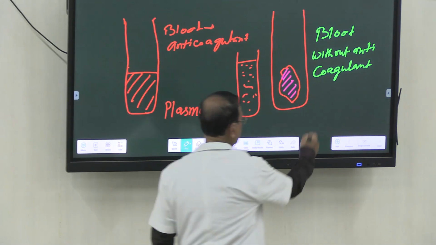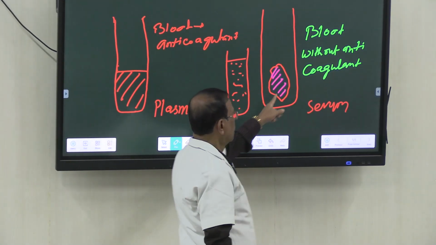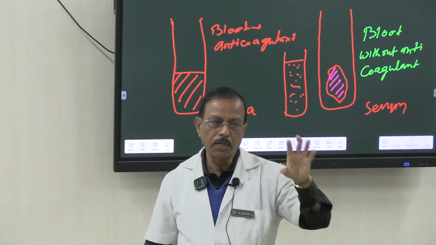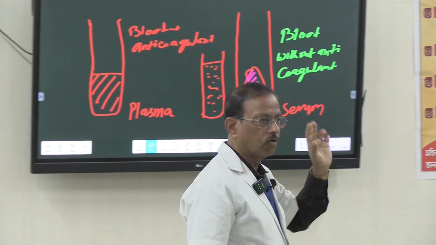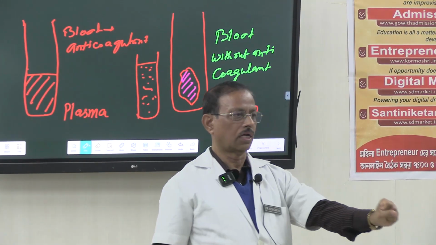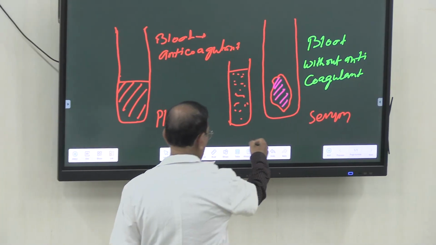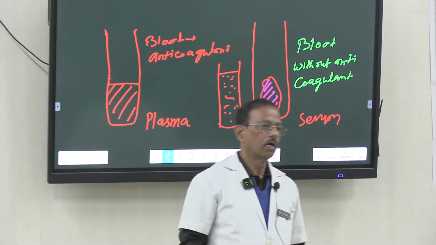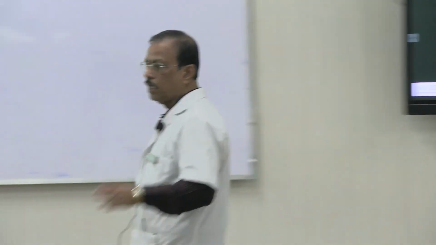But in serum, we have allowed the coagulation to take place. So I should say proteins responsible for coagulation are utilized and clumped together in this solid portion. So in the serum, the protein responsible for coagulation will be absent.